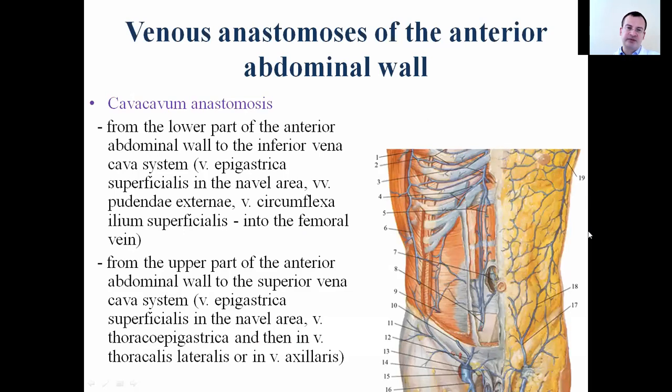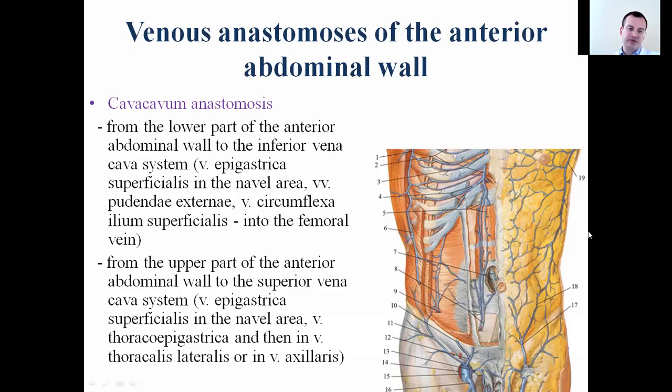Venous anastomosis of the anterior abdominal wall. Cavo-caval anastomosis: from the lower part of the anterior abdominal wall to the inferior vena cava system, vena epigastrica superficialis in the navel area, vena pudenda externa, vena circumflexa ilium superficialis into the femoral vein.